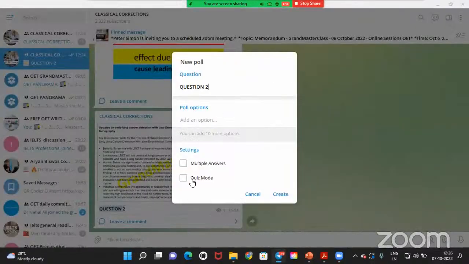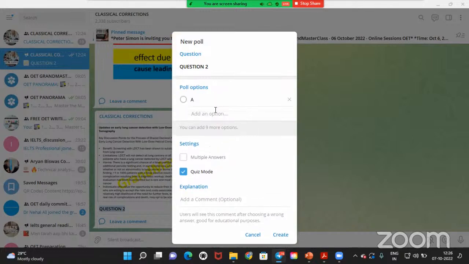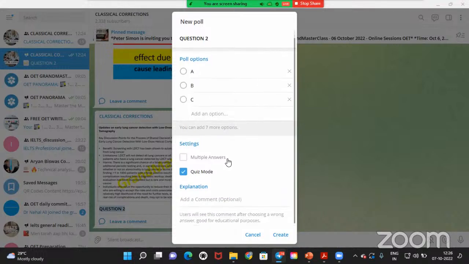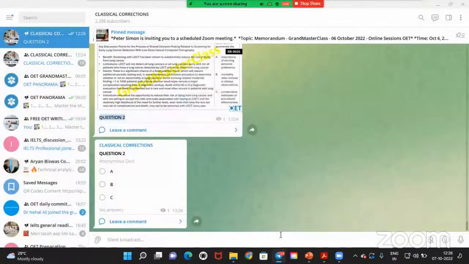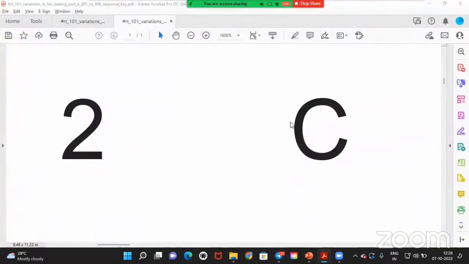Quiz mode A, then B, then C. So this is the logical reasoning approach. The answer is C. So that's it.